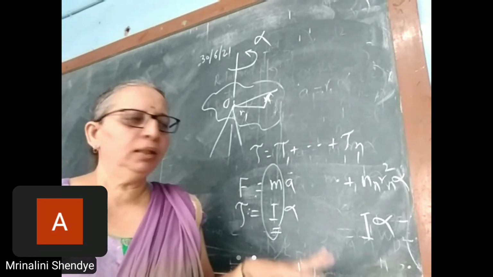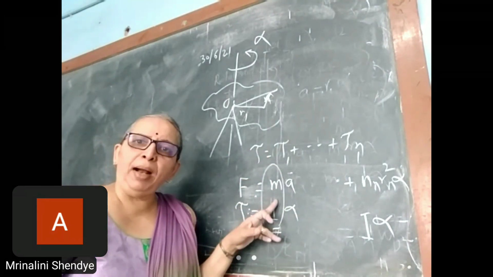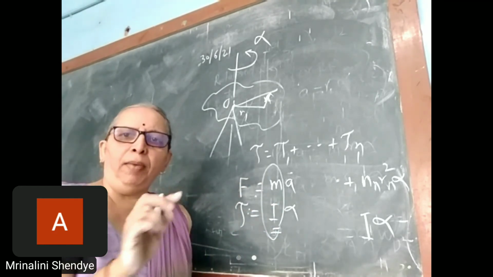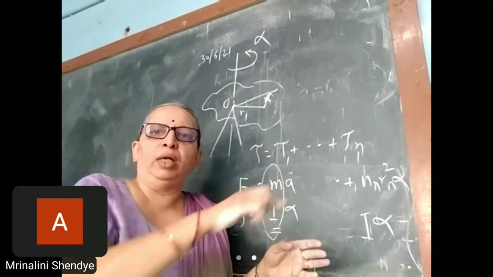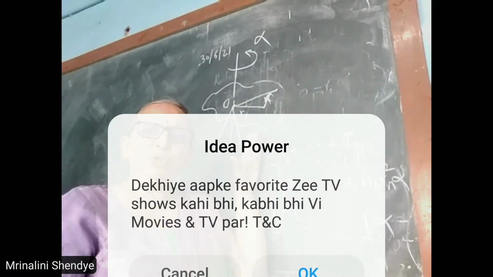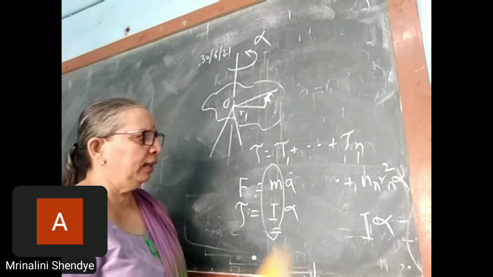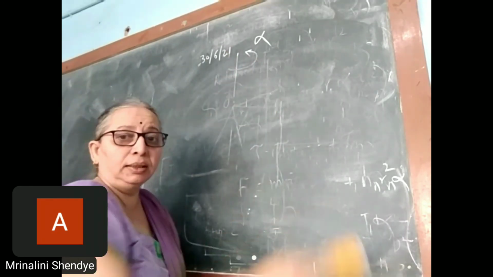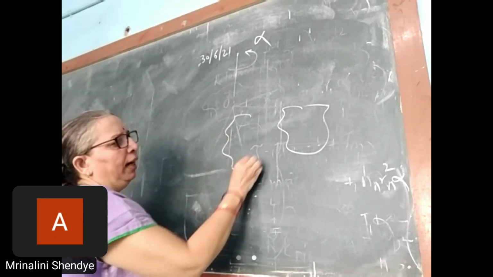Only the difference, I depends not only on mass, मास के ऊपर depend है ही, लेकिन distribution of mass of the body about the axis of rotation. If the position of the axis is changed, then you will get a change in the moment of inertia of the same body. ये जो body है ना, ये same है.